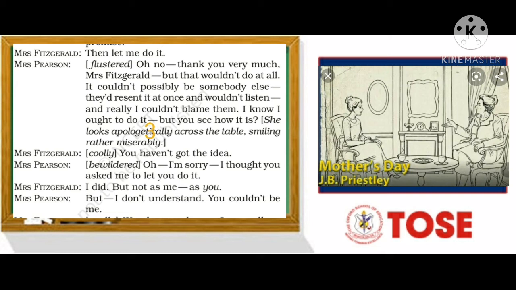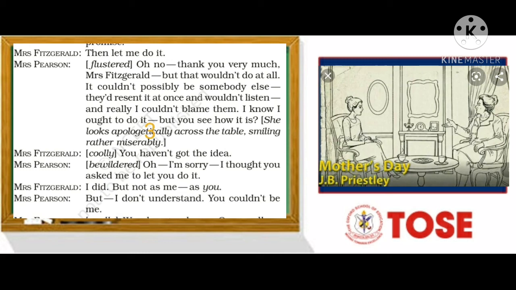So when Mrs. Fitzgerald asked if she could do that work which Mrs. Pearson wanted to do, Mrs. Pearson became quite worried and said, oh no, thank you very much, Mrs. Fitzgerald, but that would not do at all. It could not possibly be somebody else.